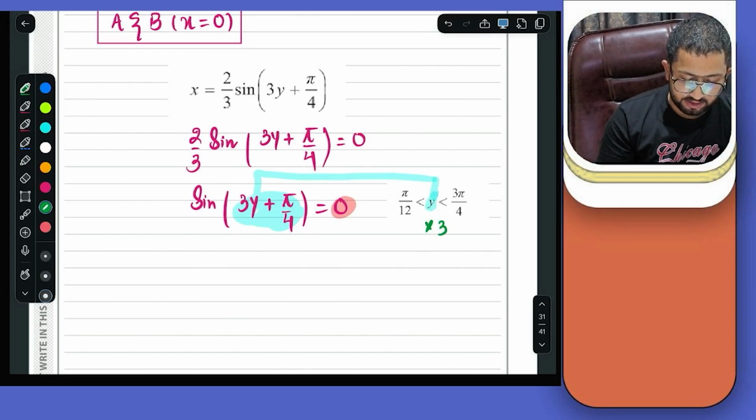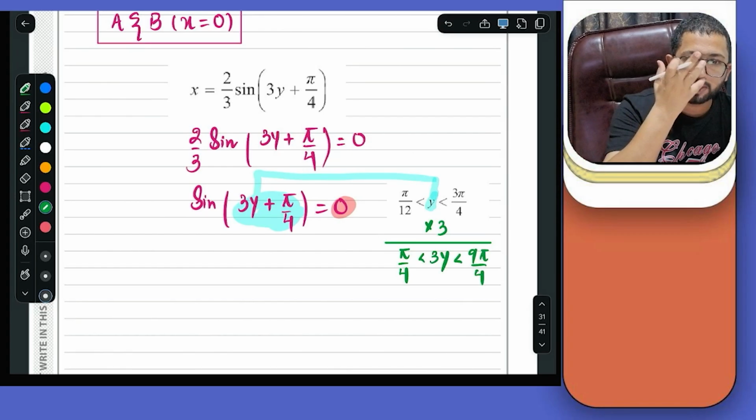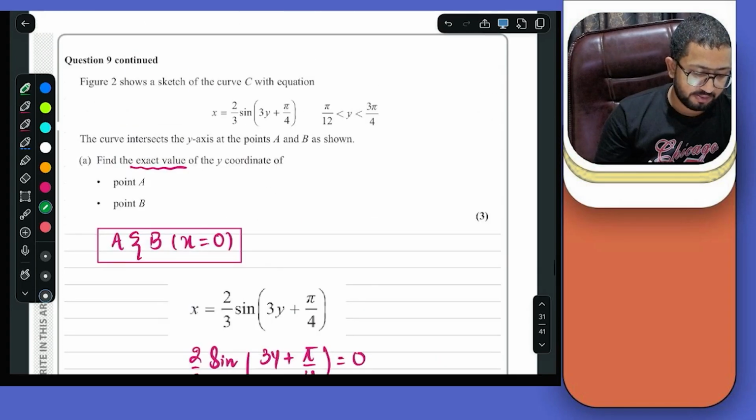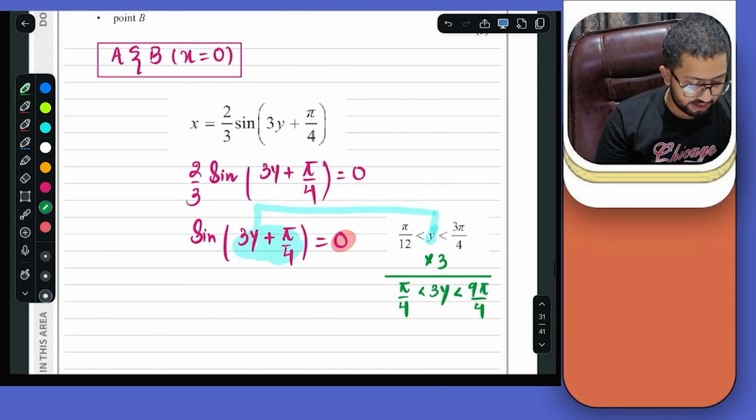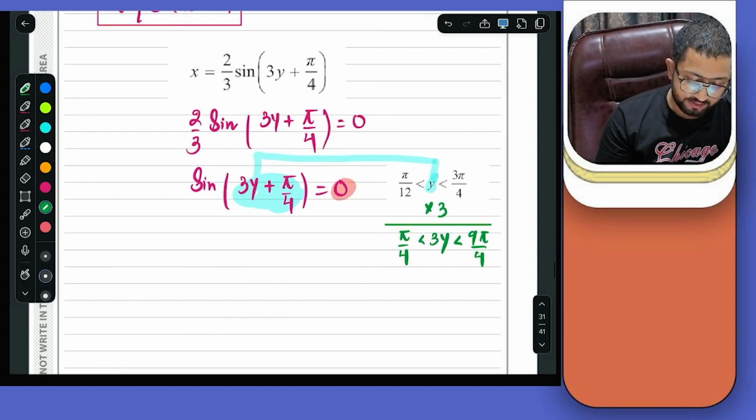Let's multiply by 3. So it becomes 3y plus pi by 4, and the range becomes 9 pi by 4. Do not try to use a calculator because he is asking for the exact value. Please show your working clearly without a calculator. Perfect.